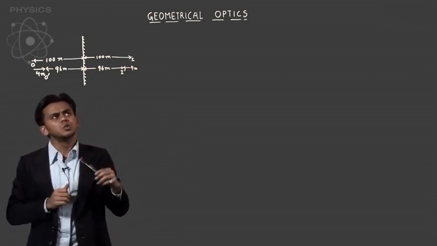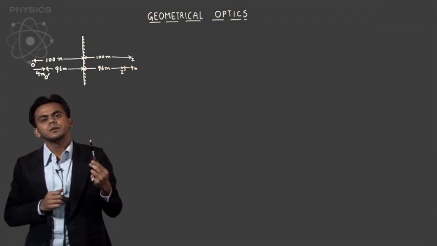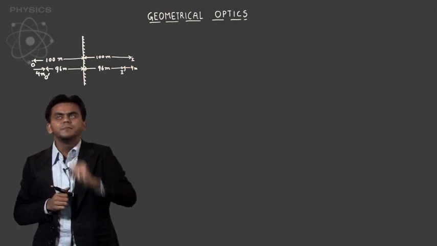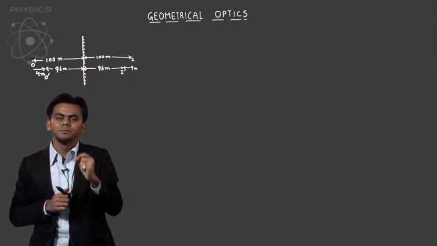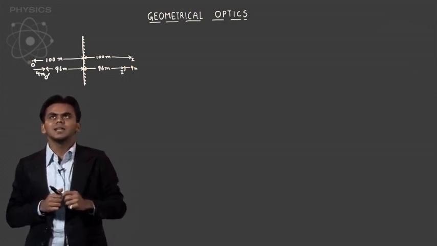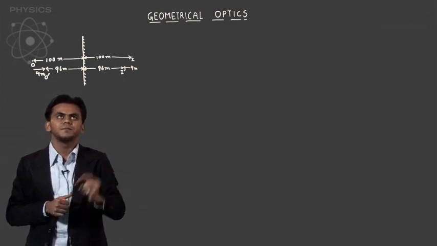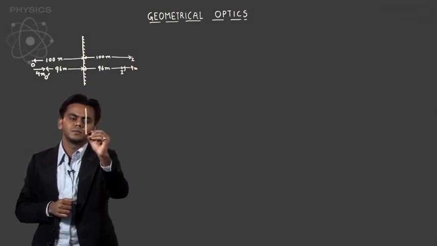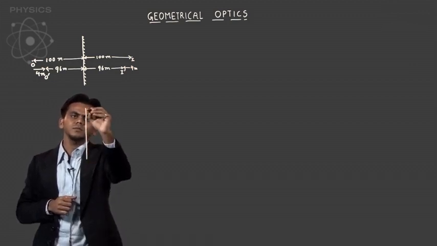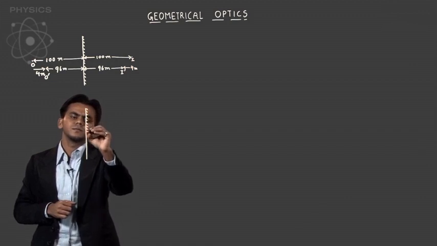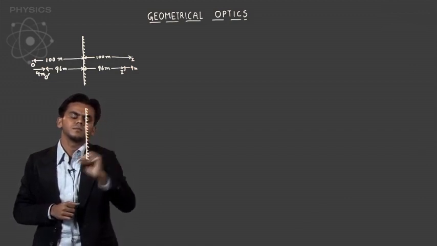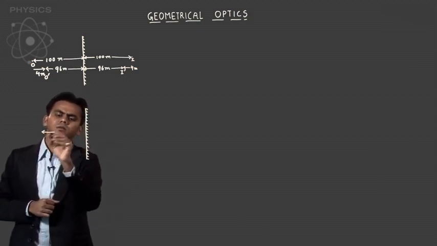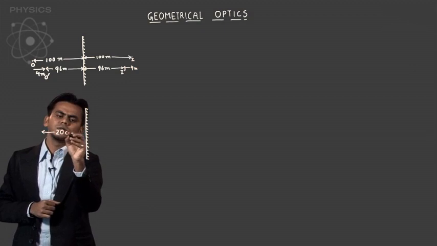Now this goes on to something more about object and image for a plane mirror. Object speed would be equal to image speed if the mirror is at rest. Let's try to understand that with a numerical. Let's say you have again a plane mirror. It's at rest. The separation is 20 meters.